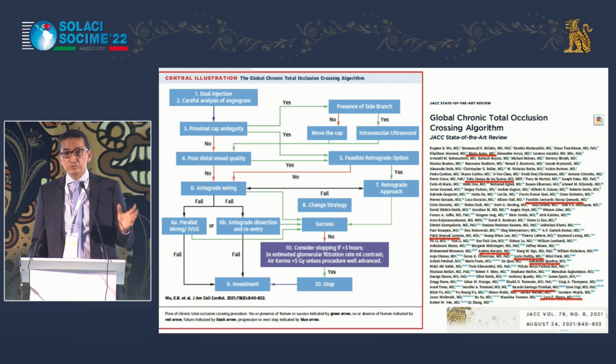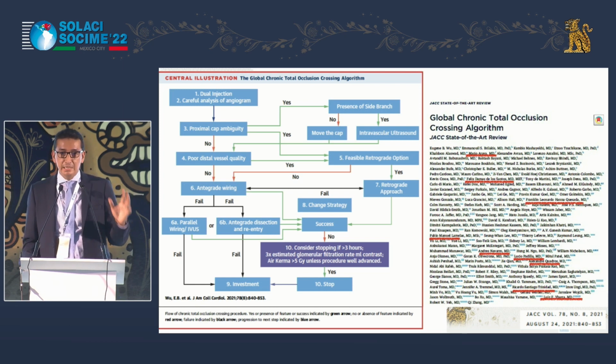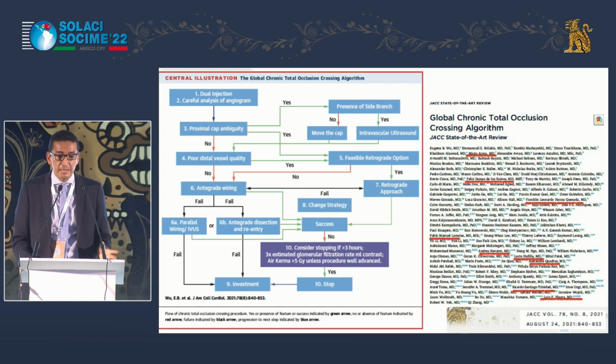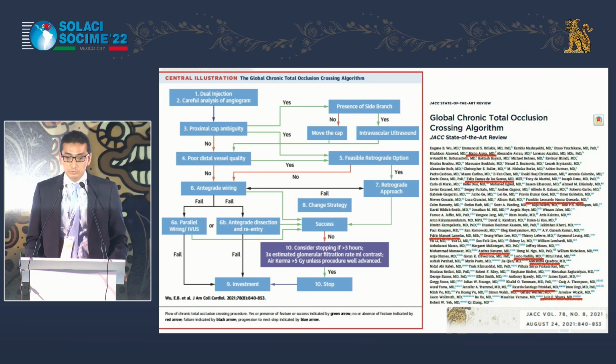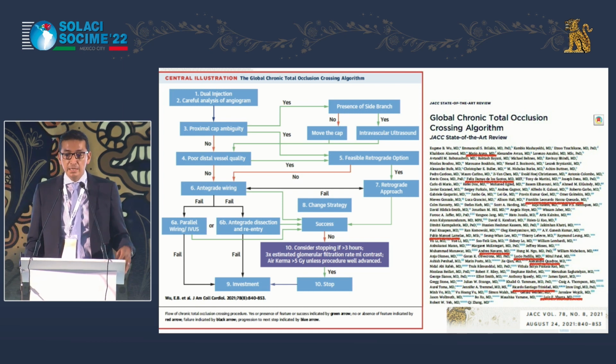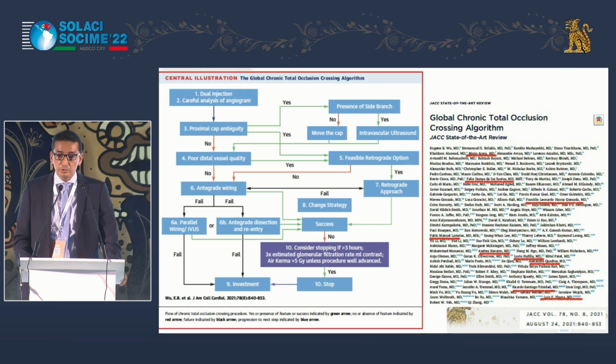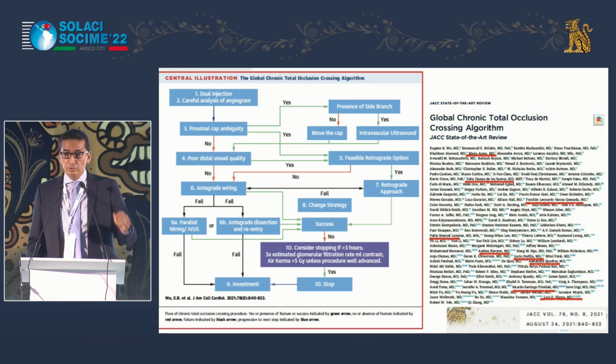Vean cómo se especifica que la inyección dual es nuestra herramienta principal, que tenemos que evaluar nuestro CAP y su ambigüedad, y si es ambiguo, probablemente tenemos que desambiguarlo ante la presencia de un side branch. Si no podemos desambiguarlo y es posible el acceso retrógrado, probablemente es una opción, siempre y cuando las características del lecho distal sean adecuadas.